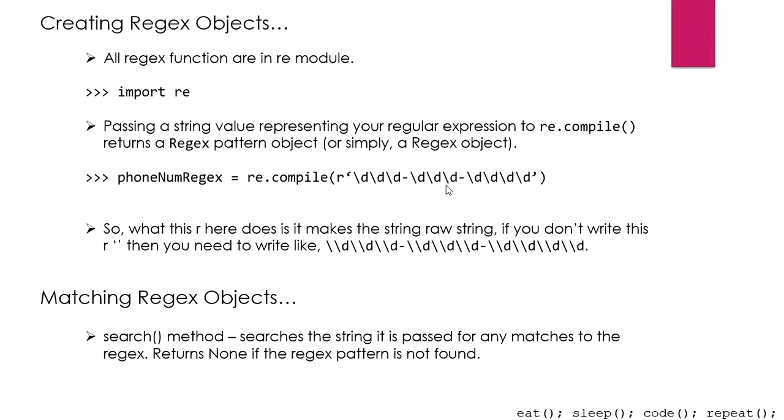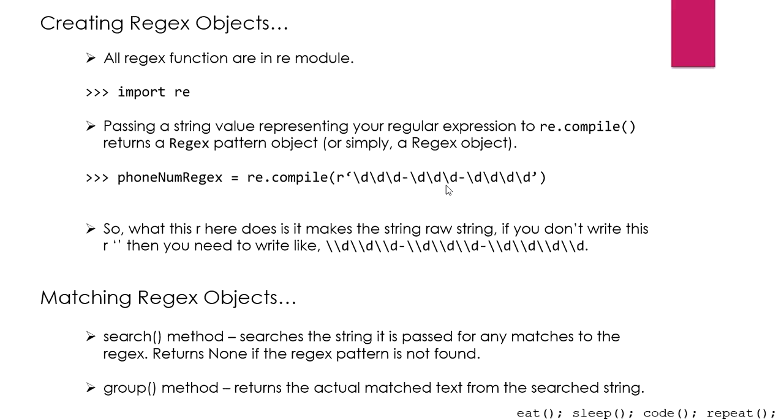It returns None if the pattern is not present, and it returns the match if it is present. Then we have the group method, which returns the actual matched text from the searched string. The group method groups all the matched characters together and presents them to us. This is how matching with a regex object works.